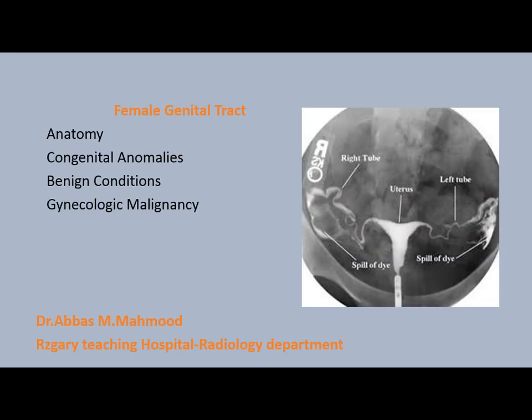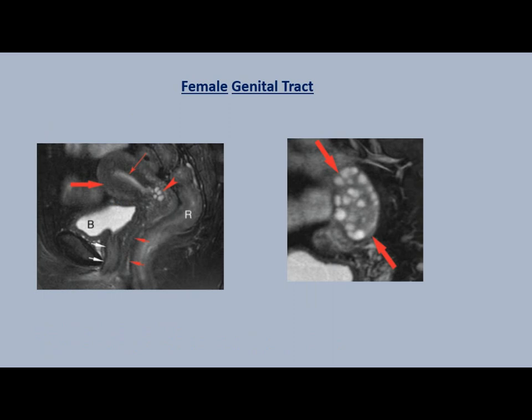Going to the next chapter, which is genital tract, CT and MRI. First, the female genital tract, and we will consider anatomy, congenital anomalies, benign conditions, and last one, gynecological malignancy.